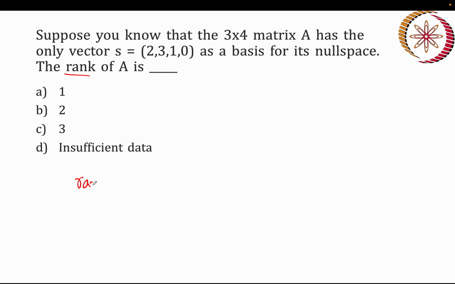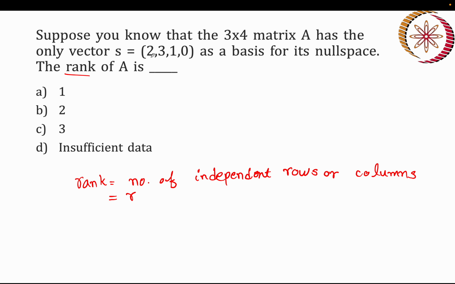The rank of the matrix is nothing but the number of independent rows or columns, and we'll say this is equal to R. So this A matrix is M by N, where M is equal to 3 and N is equal to 4.